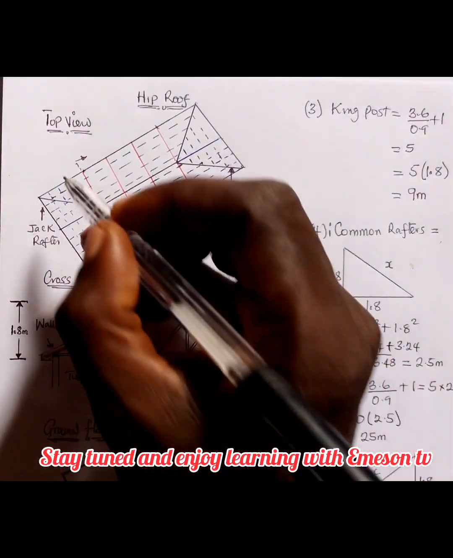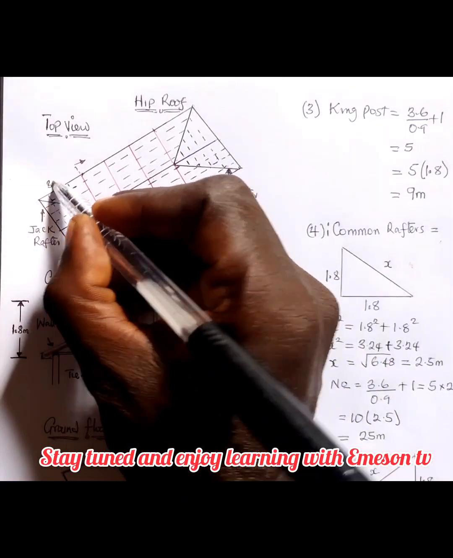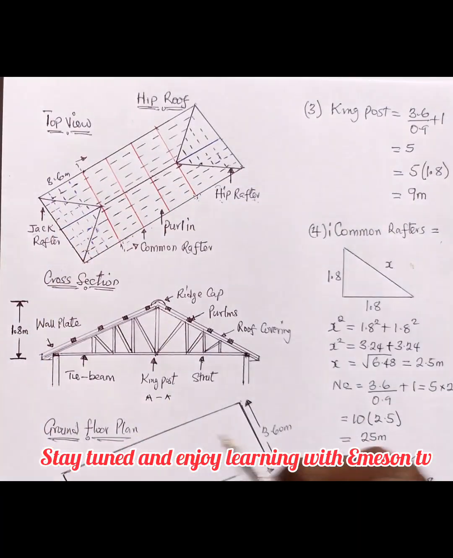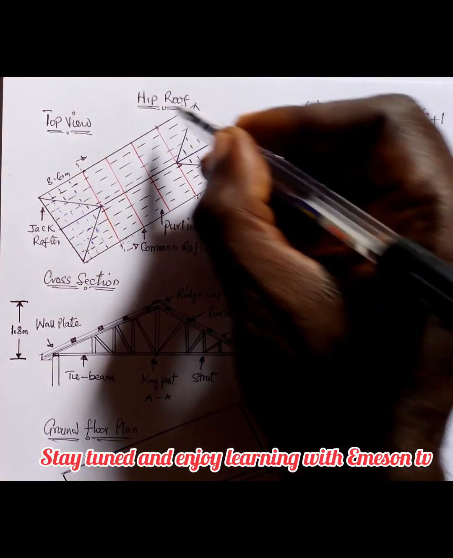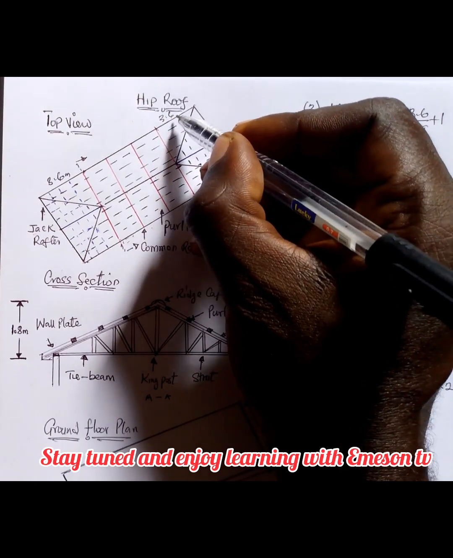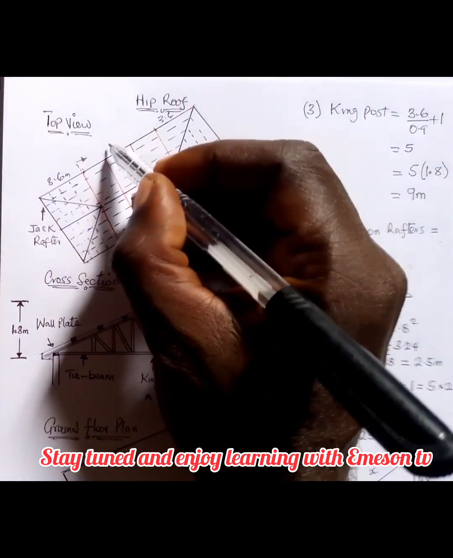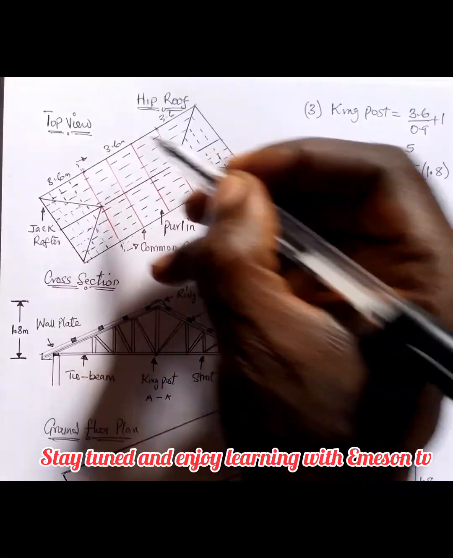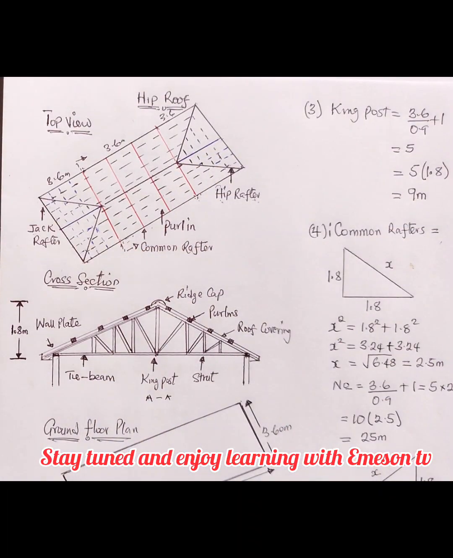In this plan, this point here is 3.6 because the width of the building is 3.6. Here also is 3.6. And it means from here to here will also be 3.6, making a total length of what? 10.8.